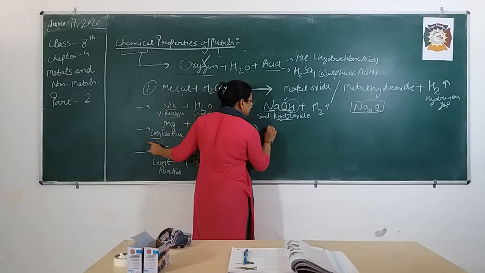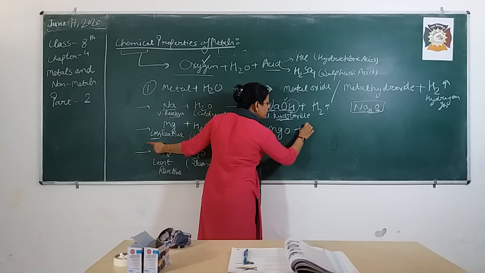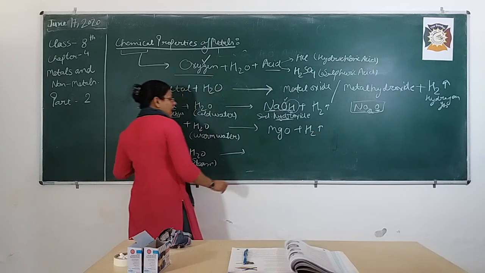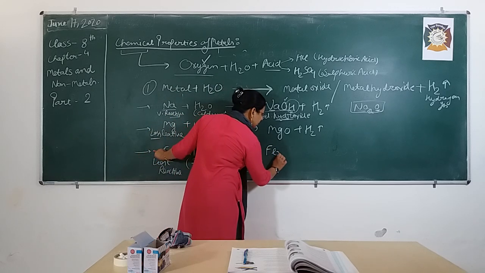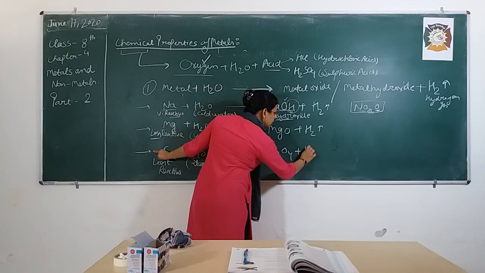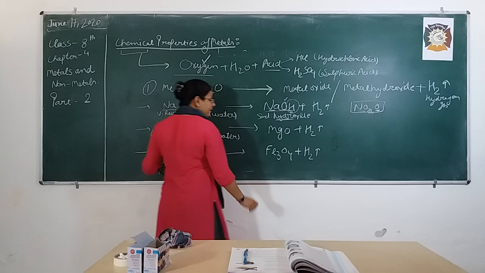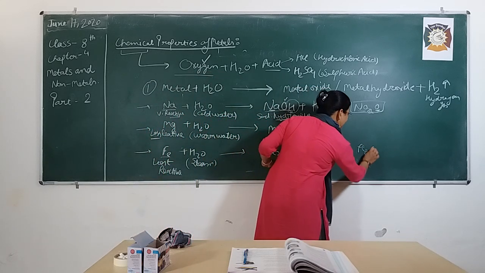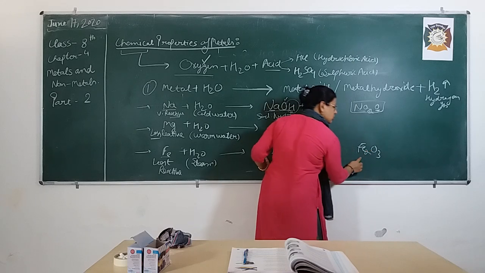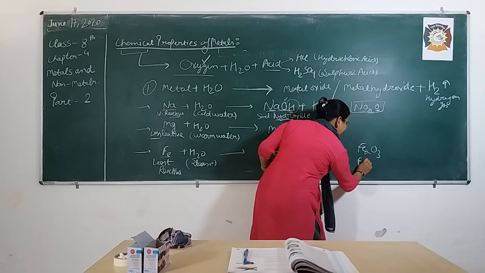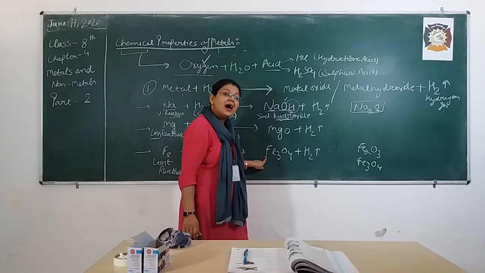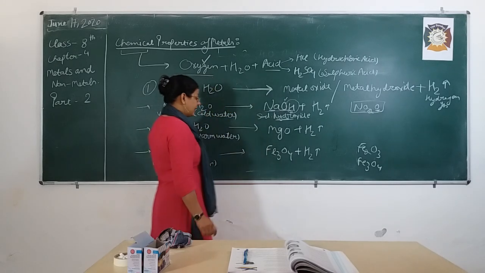Magnesium with water gives MgO, magnesium oxide, and hydrogen is removed. Iron plus water gives Fe3O4 and hydrogen. Fe2O3 is also iron oxide, and Fe3O4 is also iron oxide. Getting my point?